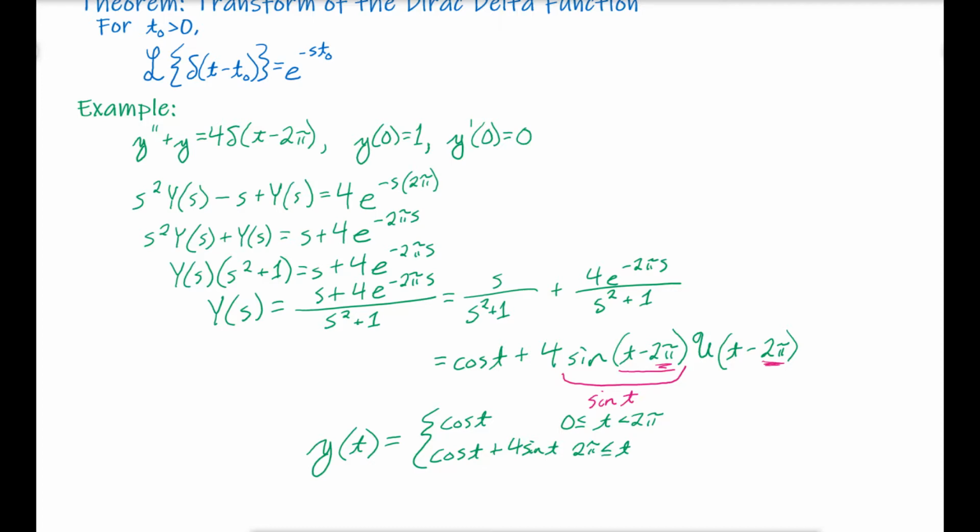So this is how we take the transform of a function that involves the Dirac delta function. We're solving a differential equation that involves a Dirac delta function using the Laplace transform and then taking the inverse transform. And some of you might be wondering, whatever happened to those initial conditions that we had? Well, I kind of breezed through that part and we didn't actually work through how we got from here to here.